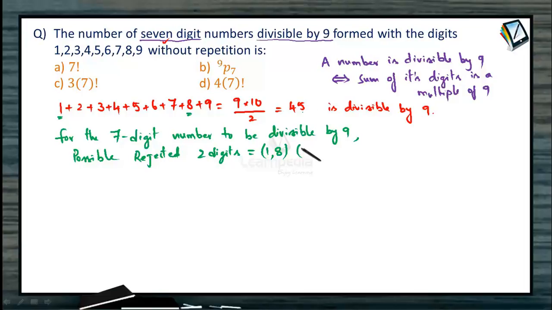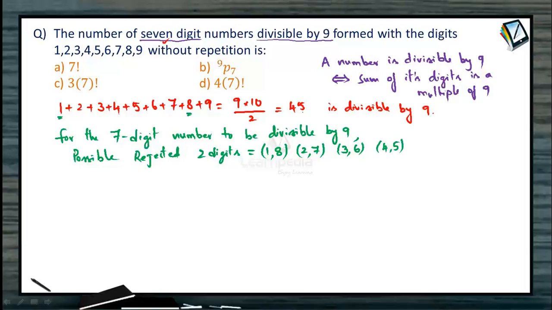Similarly, we can also reject the pair 2 and 7, we can reject 3 and 6, and we can reject 4 and 5. With each of these rejections, we will have 7 digits selected, and their sum will always be divisible by 9, because from the total 45 we are subtracting 9, so the rest of the sum would always be 36, which is divisible by 9.